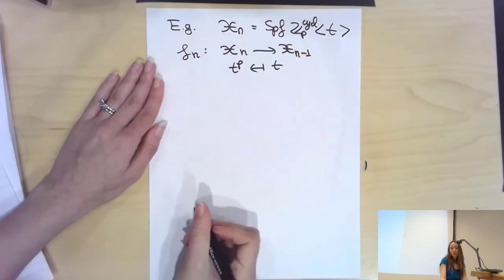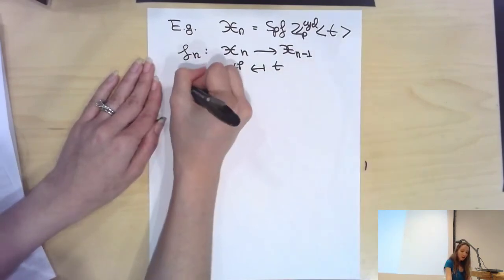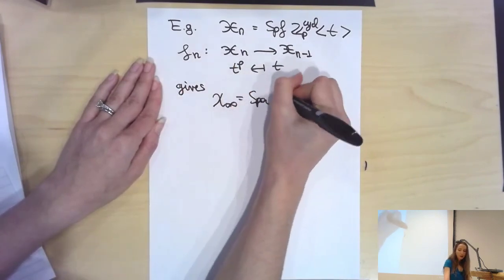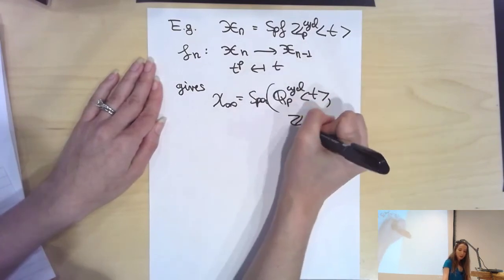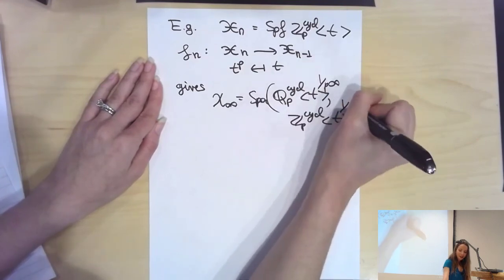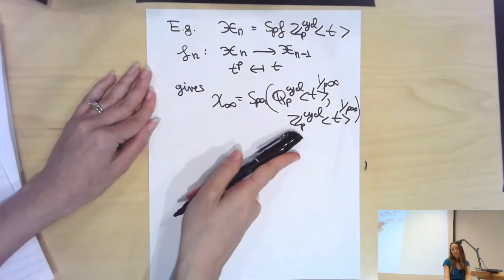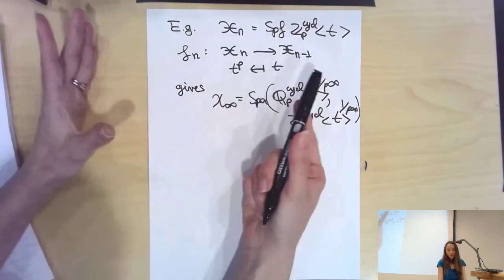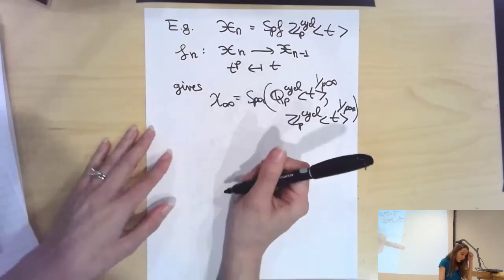So the transition maps take p-th power roots of the variable t, and this gives X_infinity, Spa of Q_p cyclotomic Tate algebra, T^{1/p^infinity}. This is an example of a perfectoid space that you've seen, and you can get it from this tower of formal schemes where transition maps are Frobenius mod p.